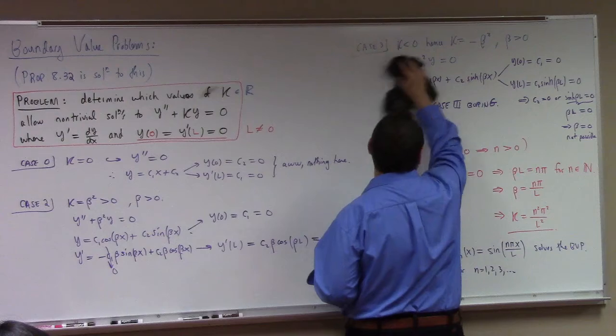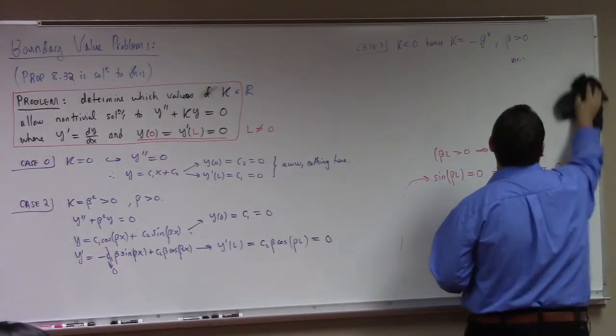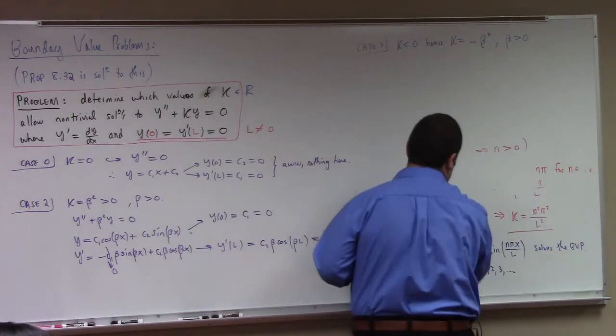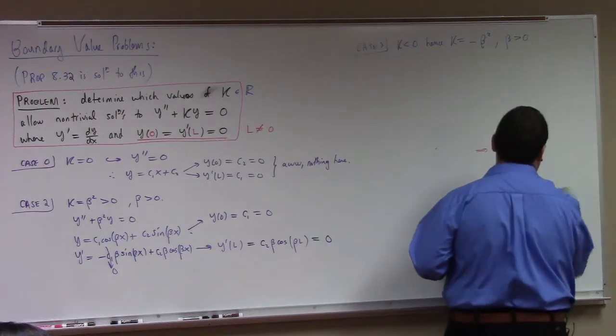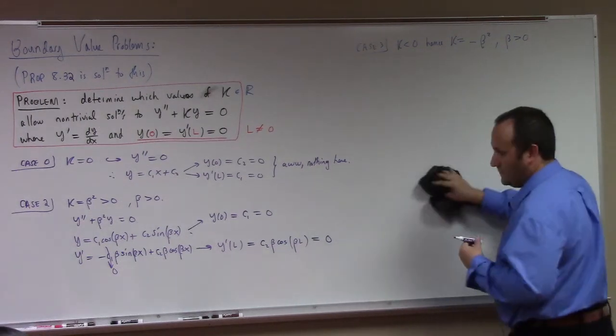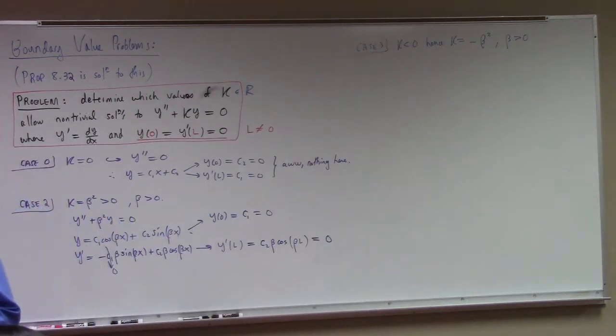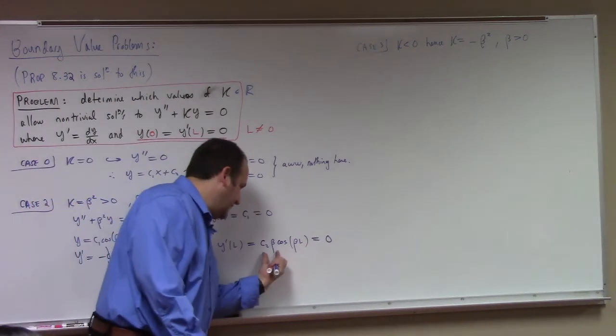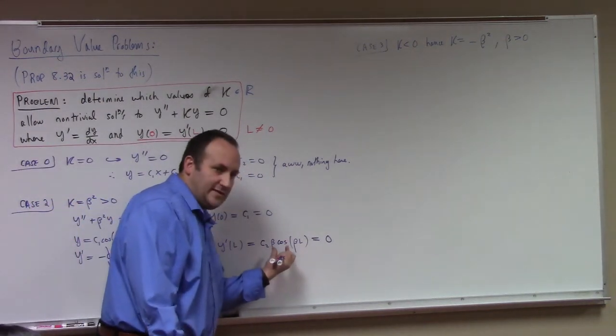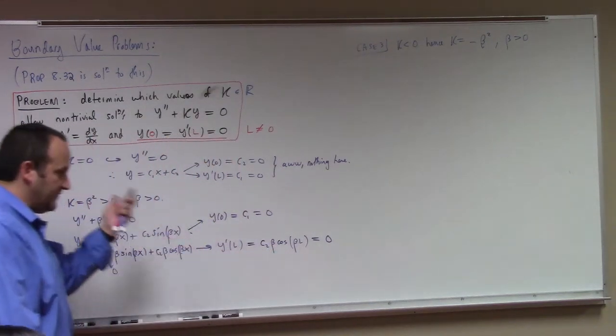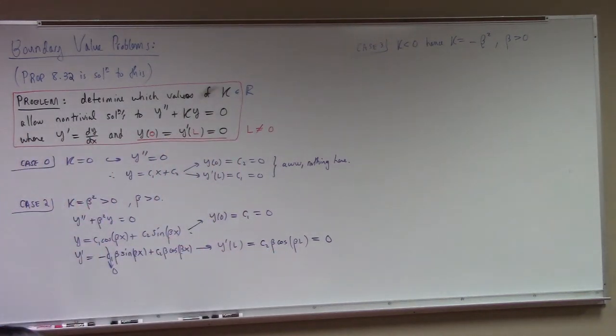Oops, I shouldn't have erased all that. Well, let's finish up case 2 before we get to case 3, which is going to be boring. There will be no solutions. But anyway, if beta is positive and c2 we can't let be 0, this forces the cosine of beta L to be 0.